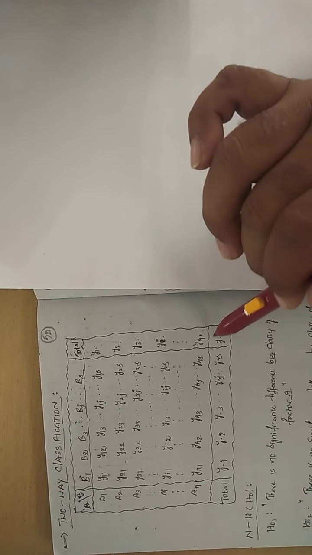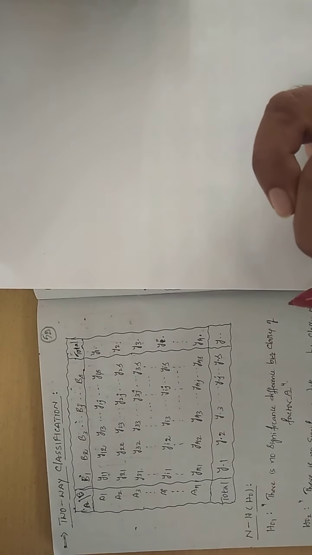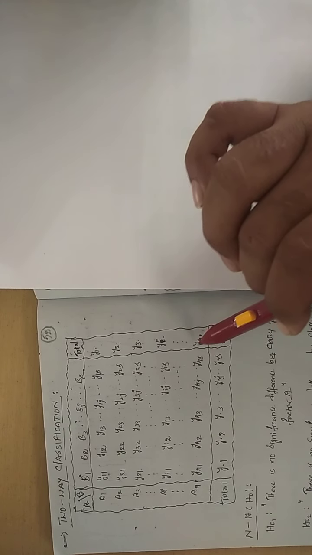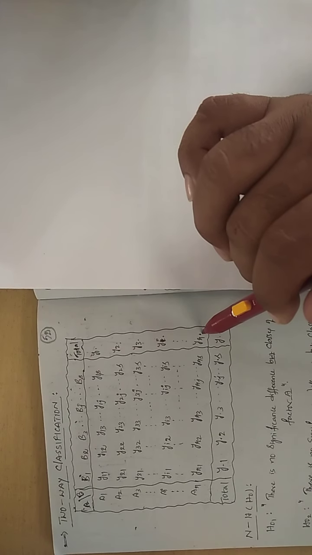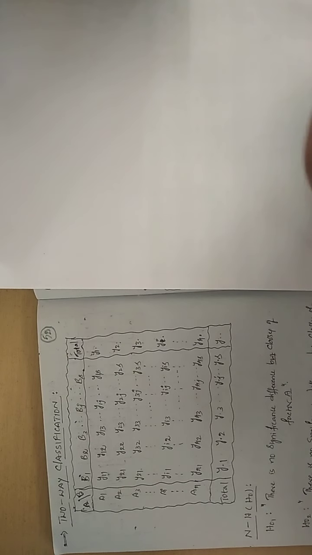This is called the grand total. Total of all the rows, total of all the columns. Remember that the total of Y dot S should be equal to the total of Y R dot. Why? Because the row total is equal to the column total. That is the checkpoint.